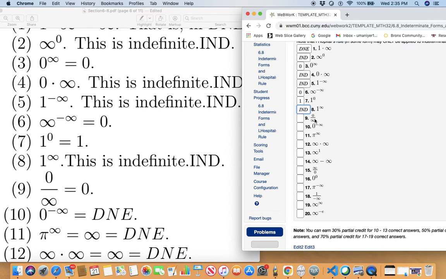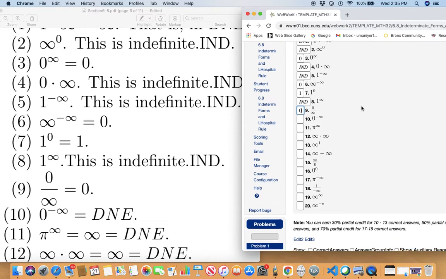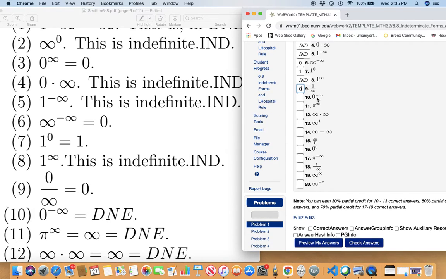0 over infinity. That is 0. You see, numerator is very small, denominator is very large. So the fraction is simply going to be 0. 0 to the power negative infinity. That is, your base is approaching 0. And power is approaching a negative large, going larger and larger on the negative side.